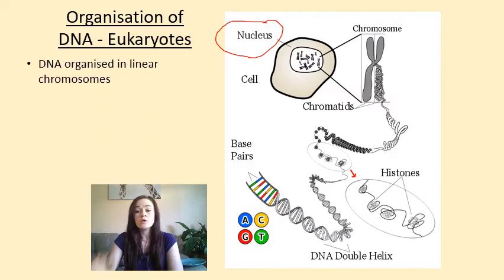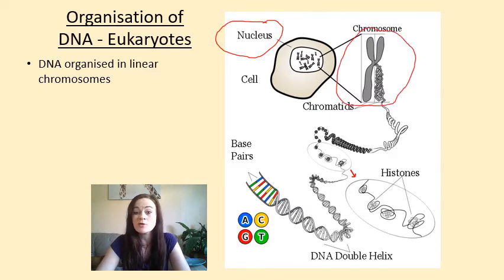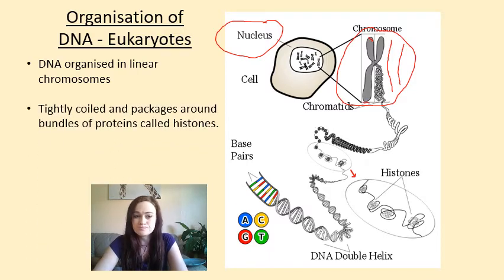Now, new term anyway, linear chromosomes. Okay, that's just your usual normal chromosomes. We always called them chromosomes. They're now called linear chromosomes. Okay, because they're kind of like two lines. Okay, they're in a line. There's a start and an end to the DNA. Okay, so eukaryotes have DNA organized in linear chromosomes.